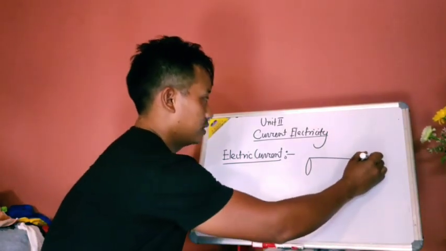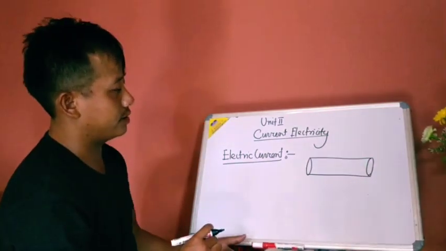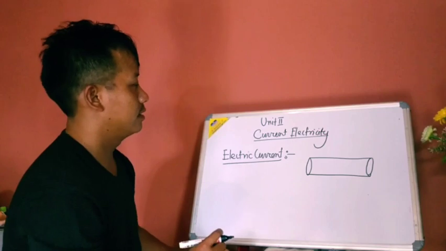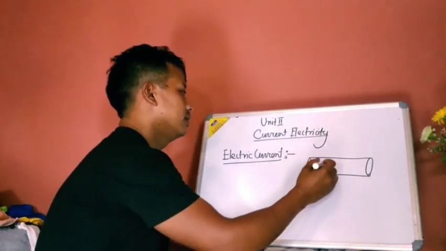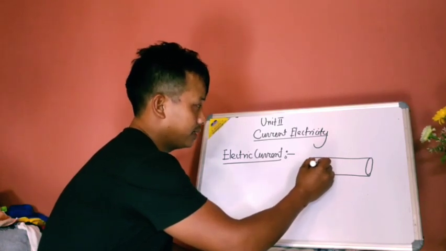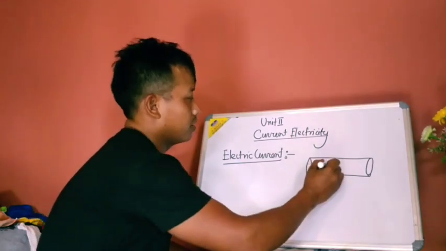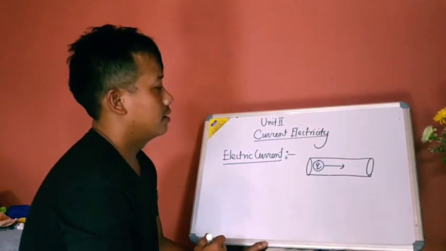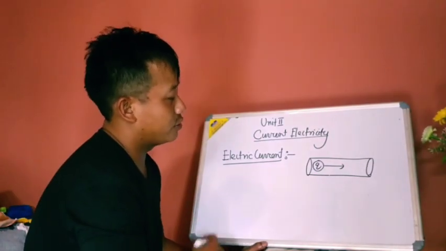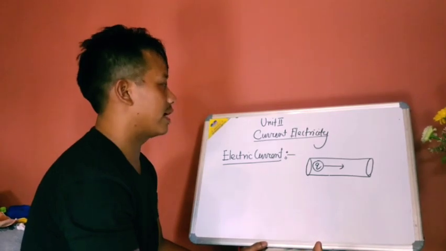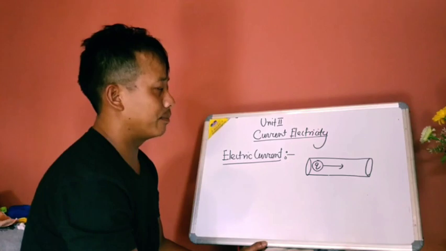When you have a conductor, let us say the conductor is in the shape of a cylinder, then inside the conductor, the charged particle, that is electron, let us say one charged particle Q, moves across the conductor from one end to the other end. Either it may be electron or proton, etc. Generally, the movement of the electron gives rise to the conduction of current in a material.